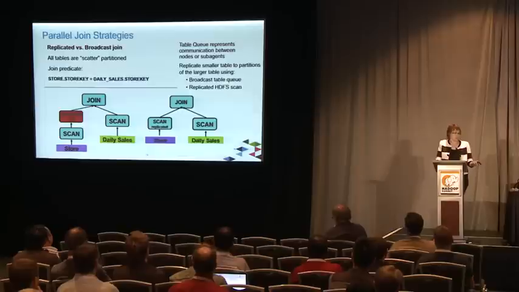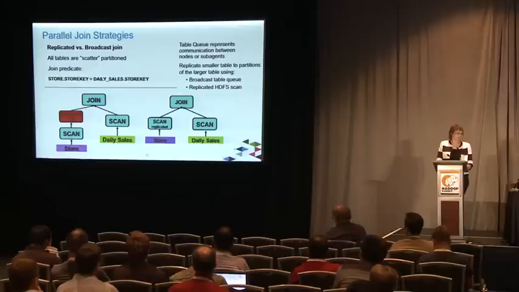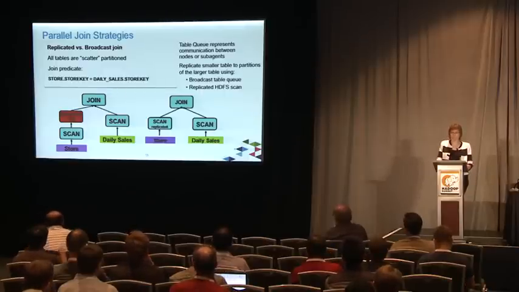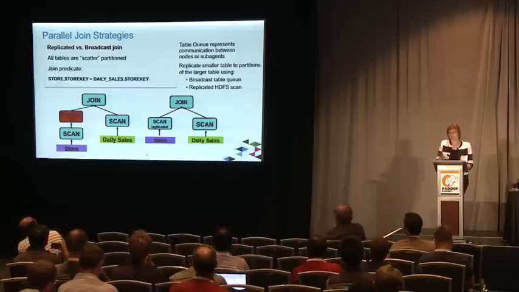So that allows us to introduce a new parallel join strategy. In this case, we have to join the store table with daily sales. Of course, the store table is much smaller. So the decision the optimizer makes is to try to get the store table to where all the parts of the daily sales table are on the other nodes. So we have two strategies now instead of one.